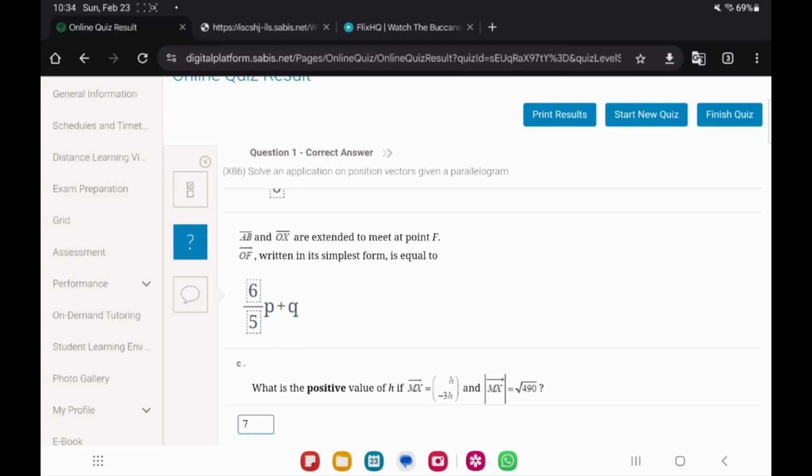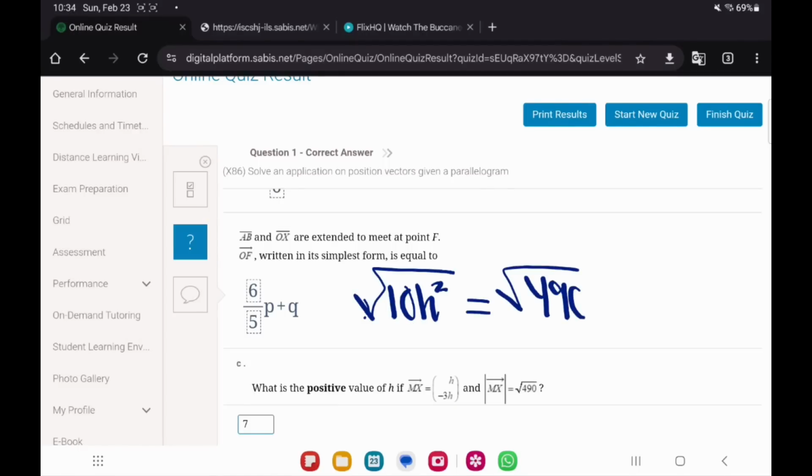So here we have radical 10h squared equals radical 490. Now let's take the radical out because we have two radicals on both sides, so we can take it out. So we multiply both sides by the power of 2.